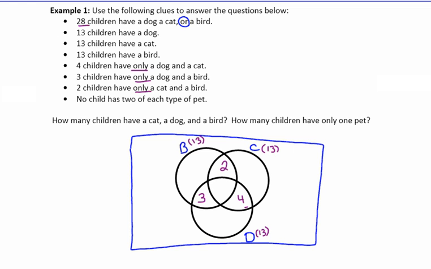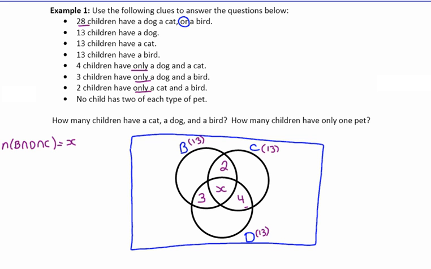So the number who have a bird and dog and cat, I'm going to write this on the side, we don't know. So we're going to call that something because we have to work from the inside out. So what do you want to call that? Pick a variable. X, sure. We have to call that X because we have to work from the inside out.